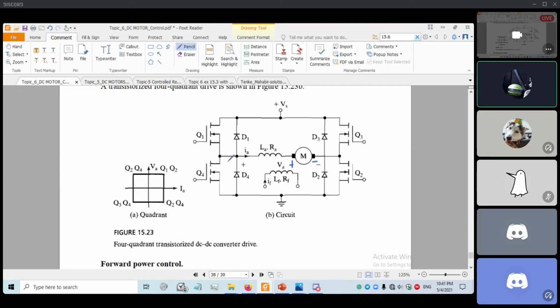When Q4 is turned off, the inductor voltage will flip to this polarity, and the sum of VL and EG will be greater than VS. So it forward biases these two diodes to send current back through the source like this. And this is your IA here.